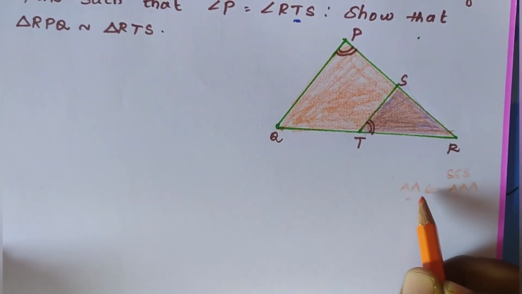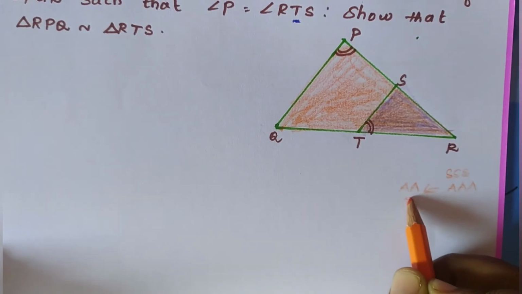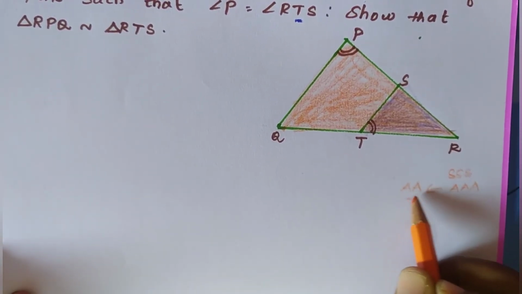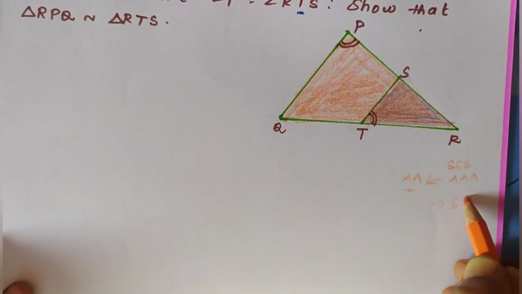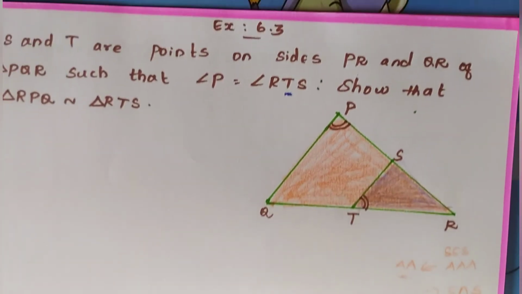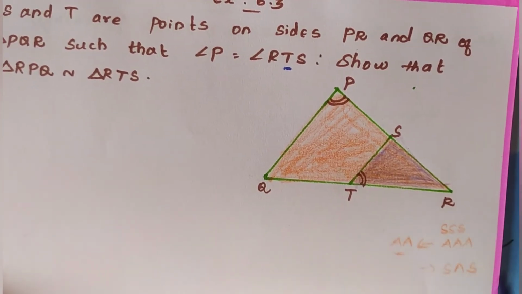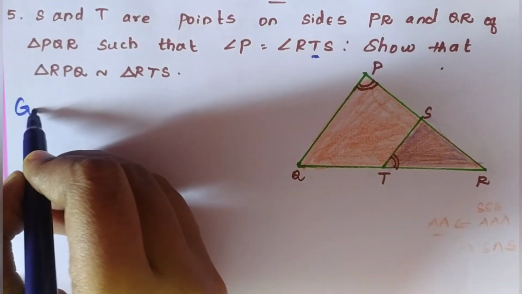So if two angles of the triangles are equal, we can tell that the two triangles are similar by the AA similarity. Clear? And then SAS. So first I am going to write the given, and which one we have to choose, we are going to see.